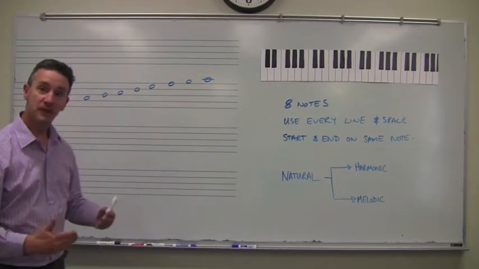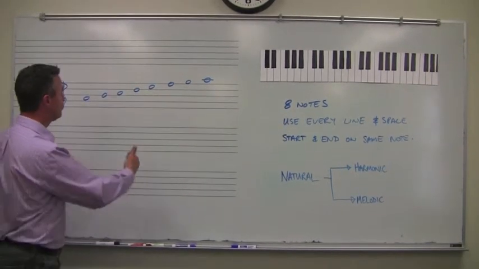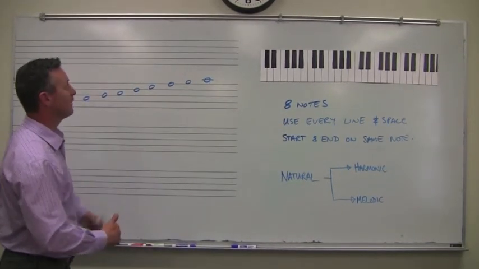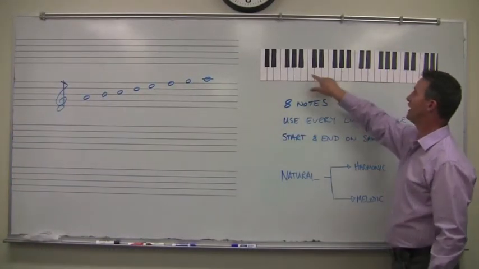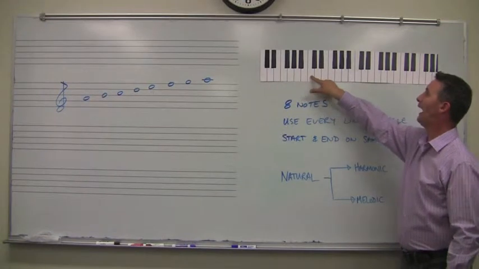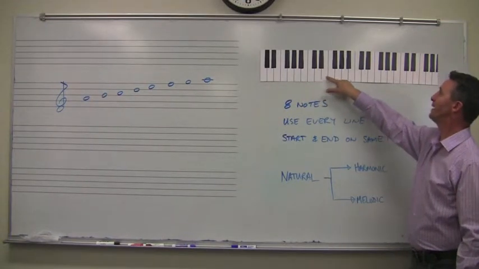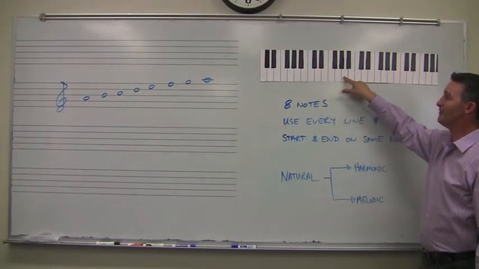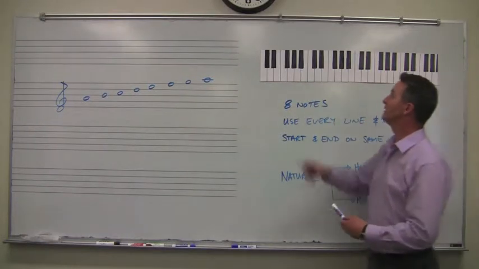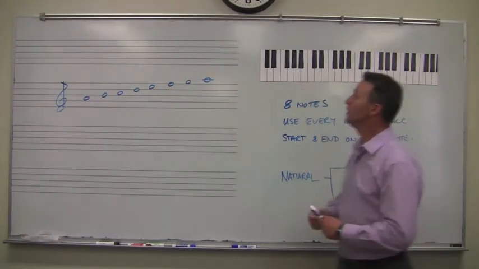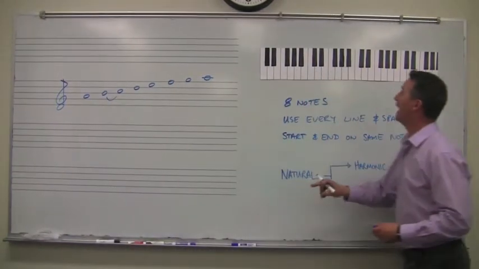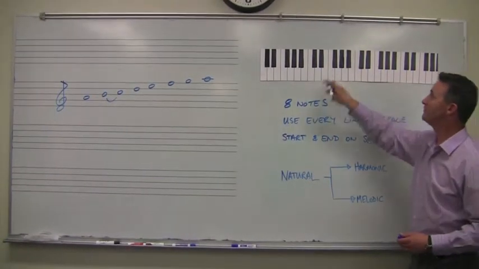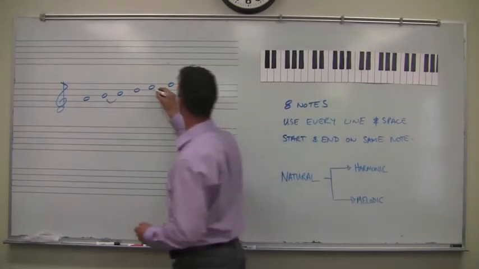And in this particular case, if we were to go through and see where the whole steps are and where the half steps are, which we could do easily, starting on A and ending on A, we could say we have a whole step, a half step, a whole step, a whole step, a half step, a whole step, and a whole step. And if we counted that up, we would realize that the half steps occur between 2 and 3, B and C, and between E and F, which is 5 and 6.